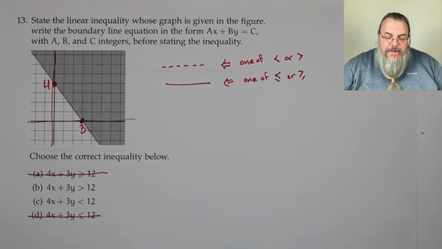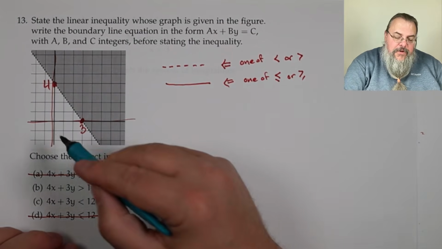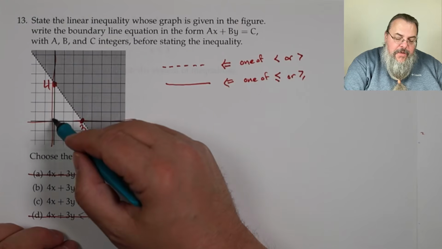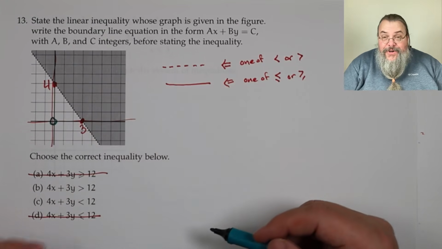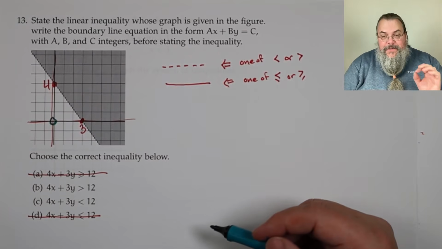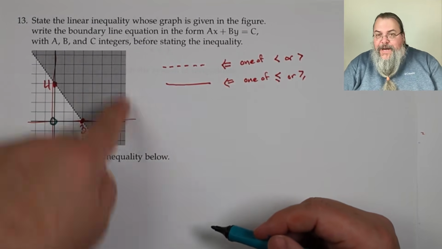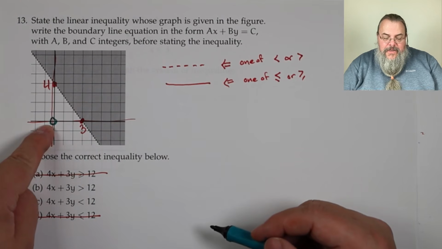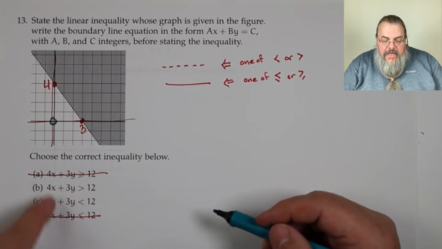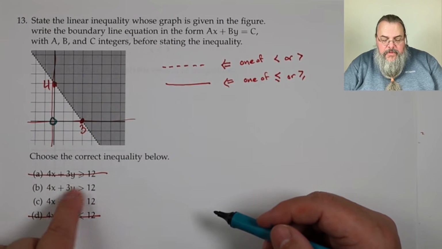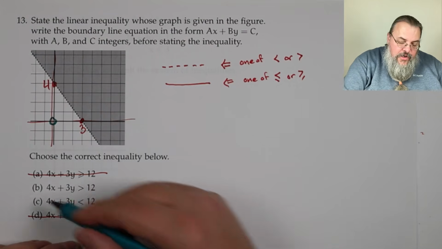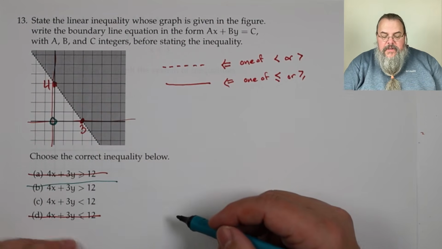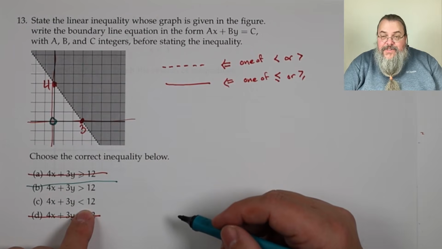So now we're down to a 50-50 chance. Well, how do we know? Well, now we have to know which side to shade. So pick a convenient point. 0, 0 is super convenient if it's available. But you have lots of points. And you say, okay, here's 0, 0. And test it. Is 0 plus 0 bigger than 12? If the answer is no, cross it off. Is 0 plus 0 less than 12? If the answer is yes, leave it in.